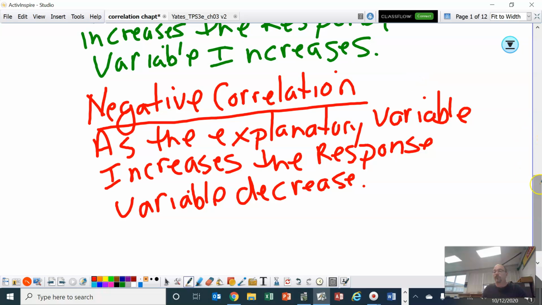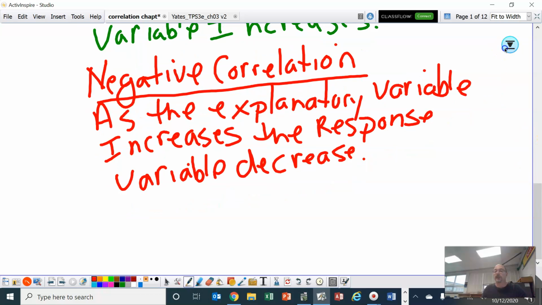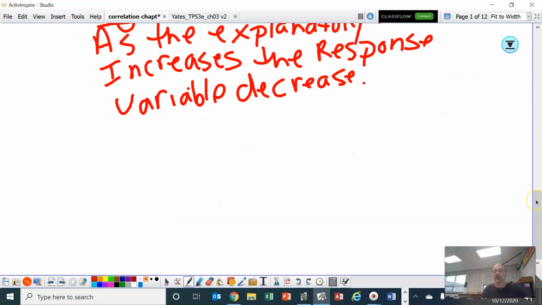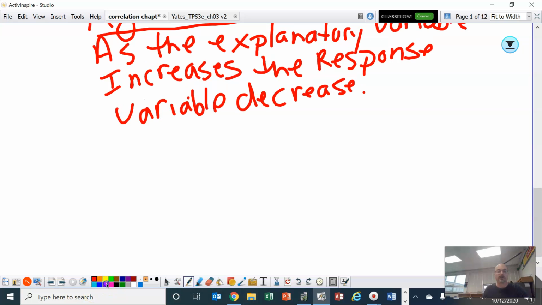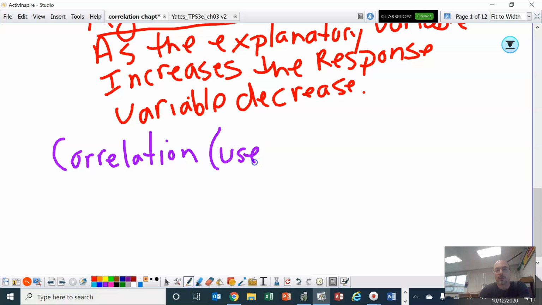Now, what else about correlation do we need? Okay, we're going to get a lot more detail than we did in advanced algebra, folks. All right, so first of all, correlation. And when we talk about correlation, we use the lowercase letter r. And that's what the calculator uses too, and I'll be showing that to you. Okay, correlation tells us two things.